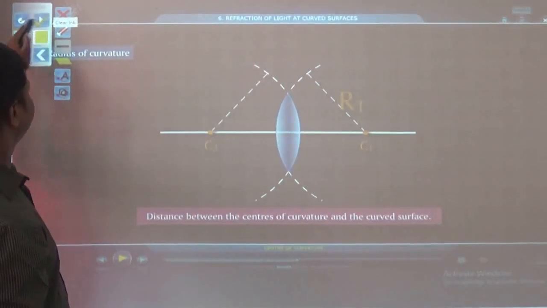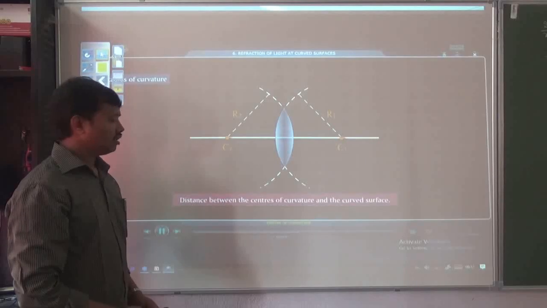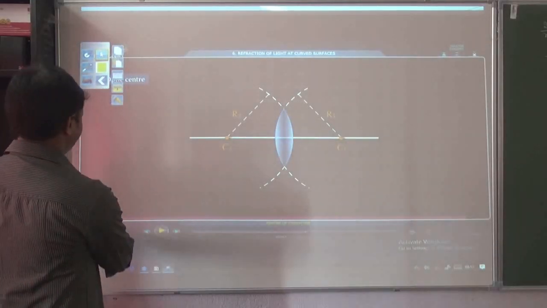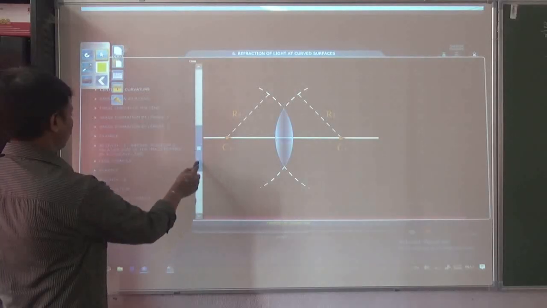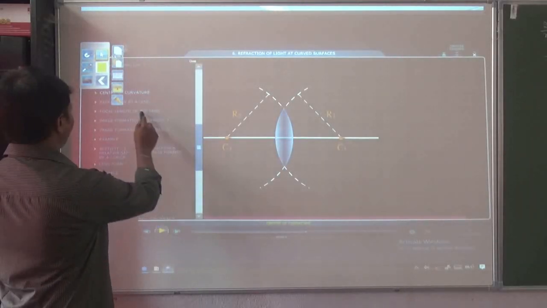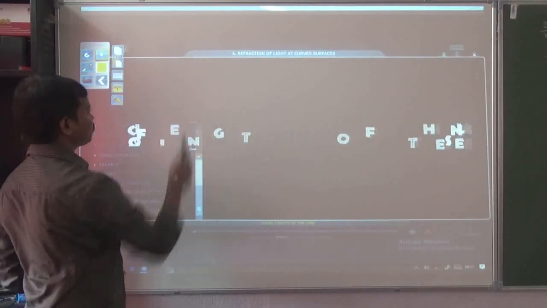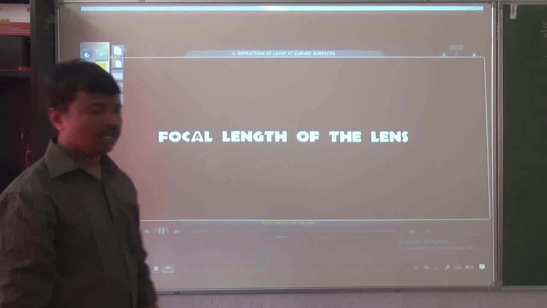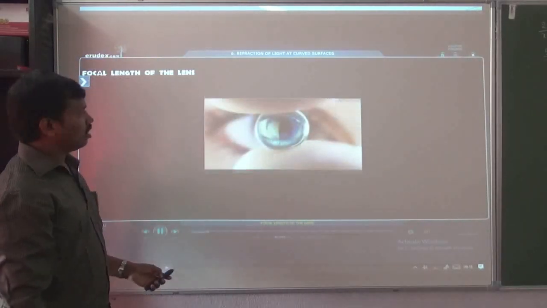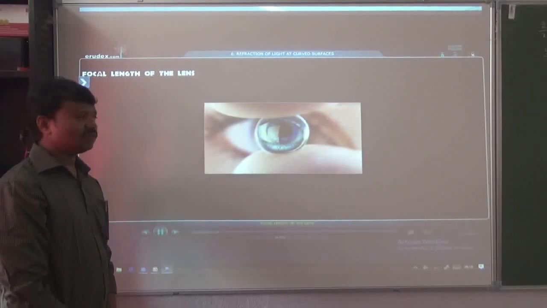Okay, next one. Focal length of the lens. Now observe, this is a lens; the eye lens is a convex lens.